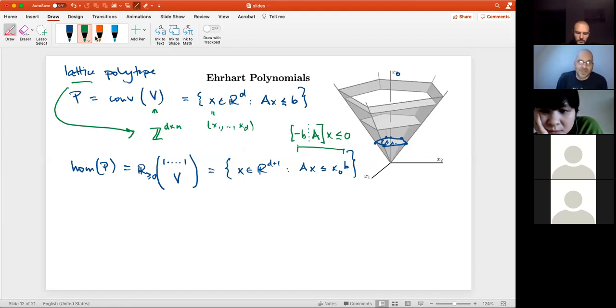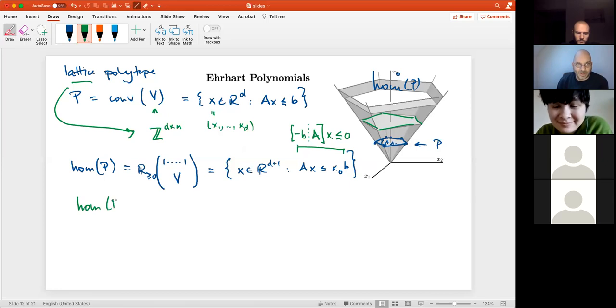If this here is P, then my big cone is Hom of P. What happens now if you intersect this cone with a horizontal hyperplane, Hom of P intersected with a hyperplane where x0 is equal to n?